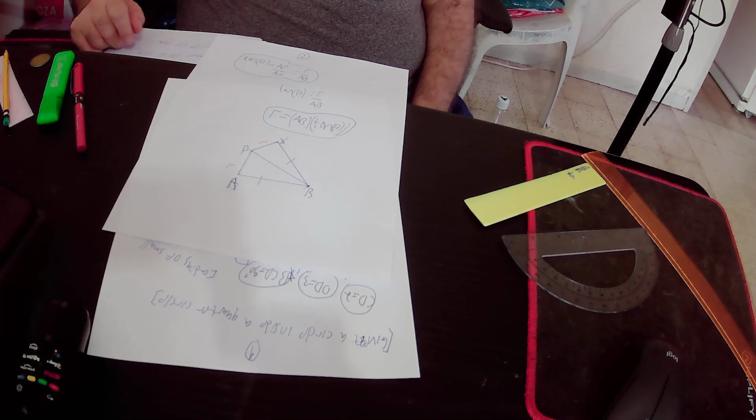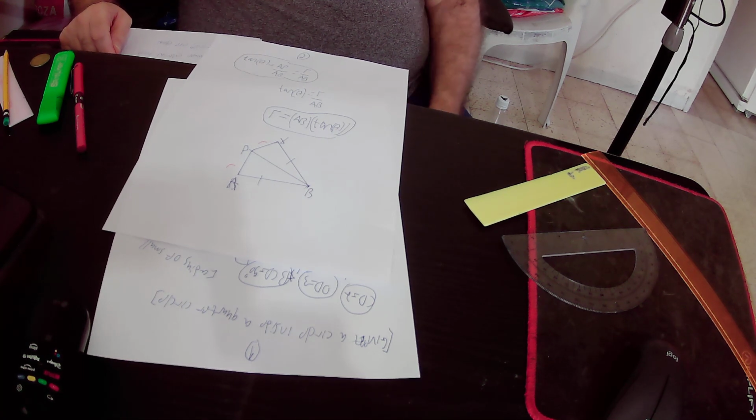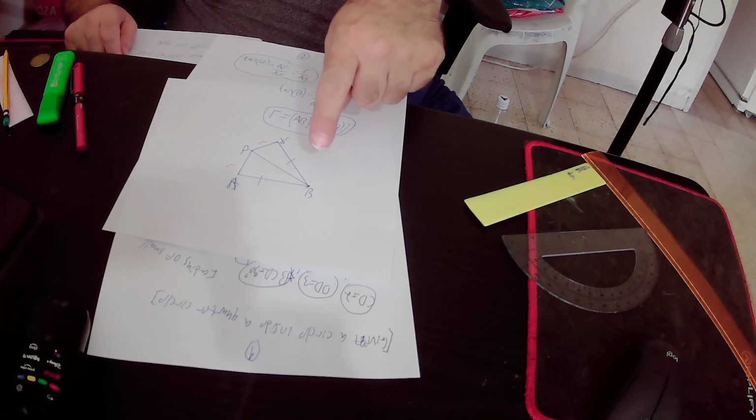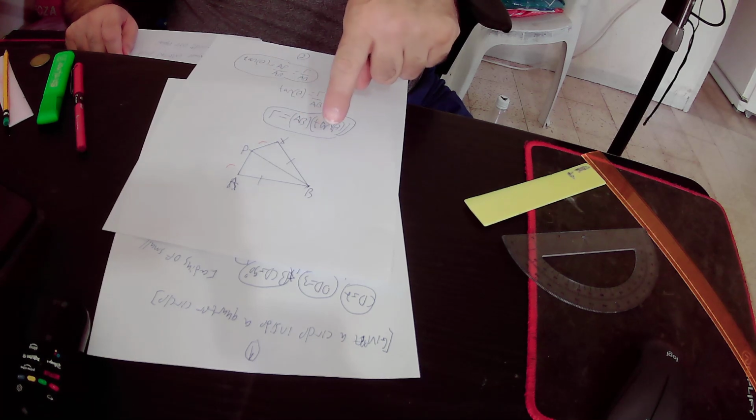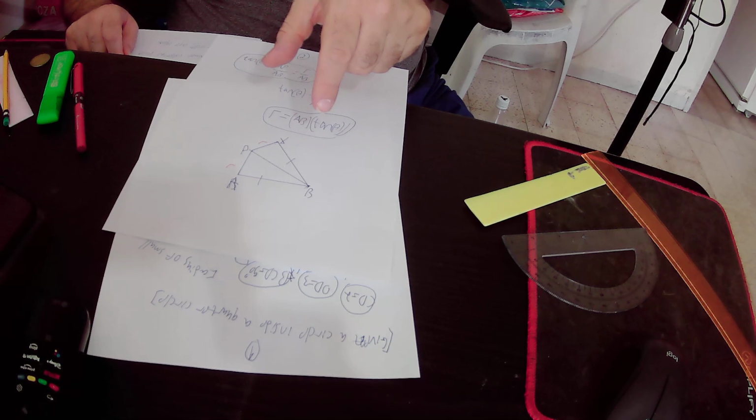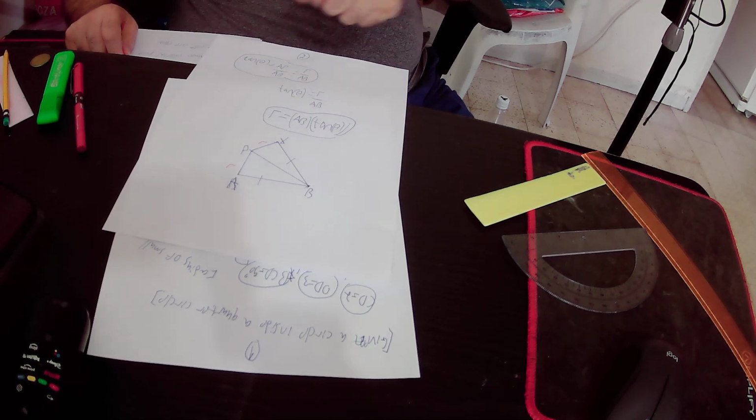The two tangents theorem states that the lengths of two tangents from a common external point to a circle are equal. So from point B we have two tangents to the small circle. Those two tangents are equal to each other according to the two tangents theorem. Therefore AB equals BX.